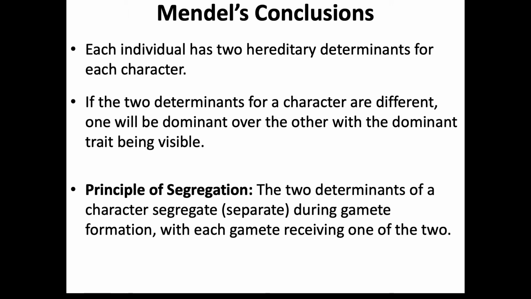And a third conclusion is what is known as the principle of segregation, which states that 2 determinants of a character will always be segregated during gamete formation, with each gamete receiving 1 of the 2.